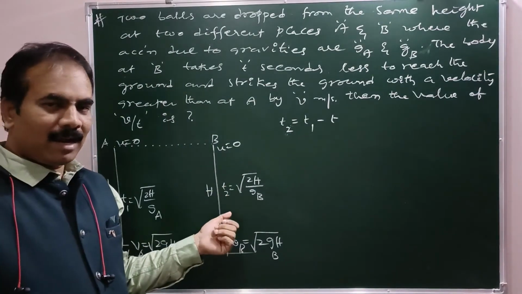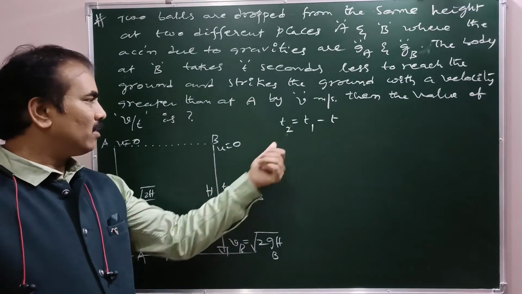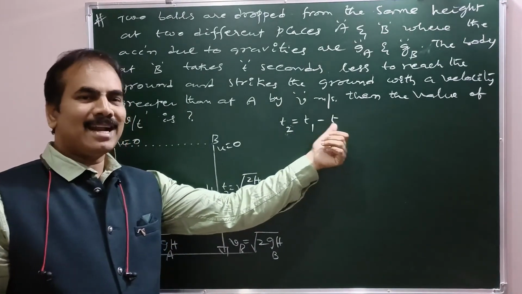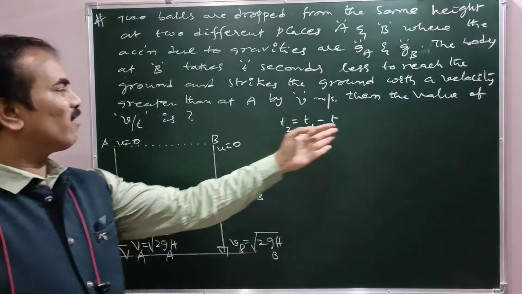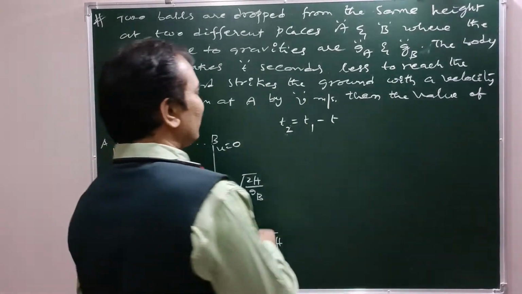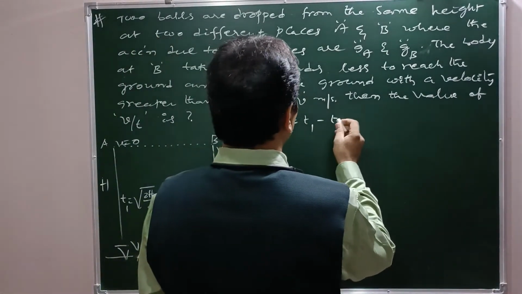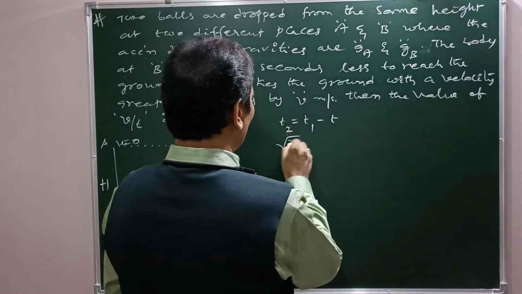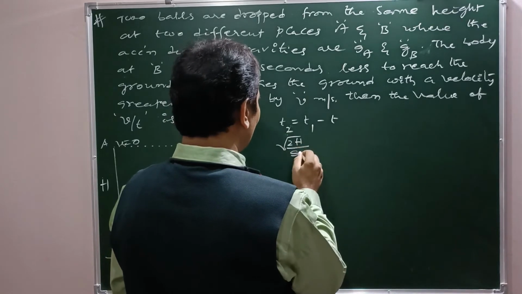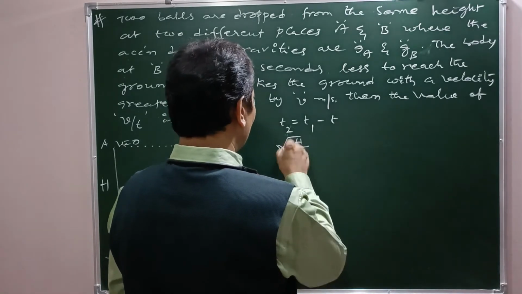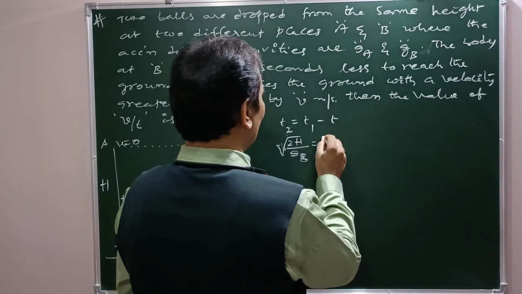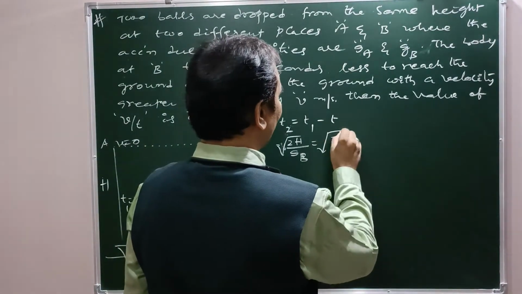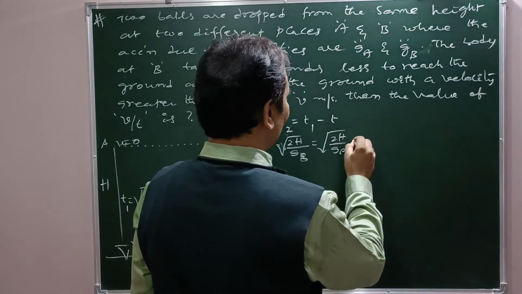What is the time taken at place B to hit the ground, that is T2, which is t seconds less than at place A. That is T1 minus T. What is T2? T2 means root 2h by Gb, right? That is equal to T1, root 2h by Ga, minus T.